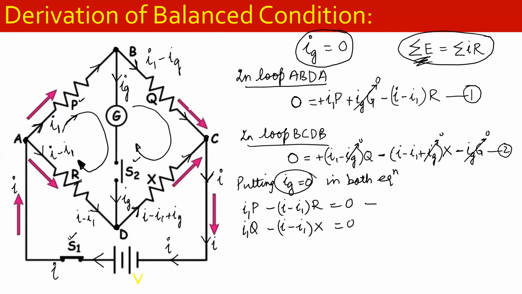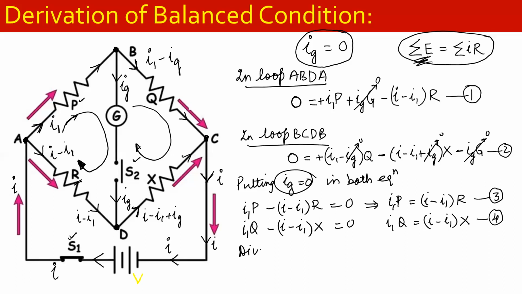We can write this equation in this manner also. I1P is equal to I minus I1 into R, and I1Q is equal to I minus I1 into X. So this is equation, for example, number 3, and this is equation number 4.